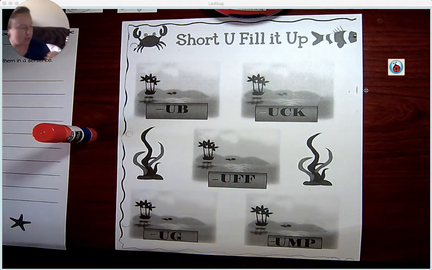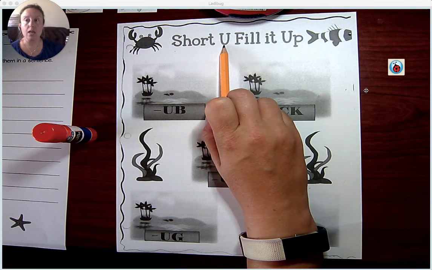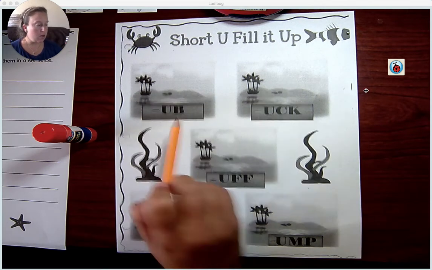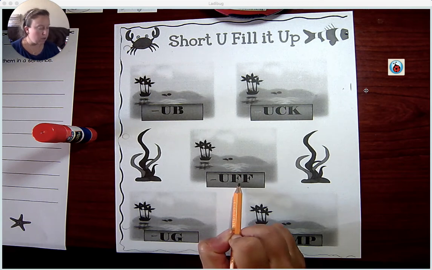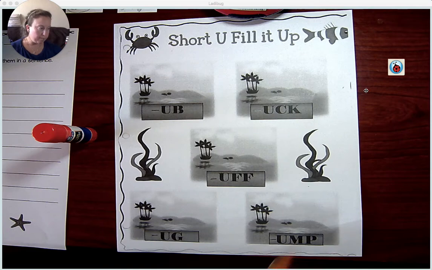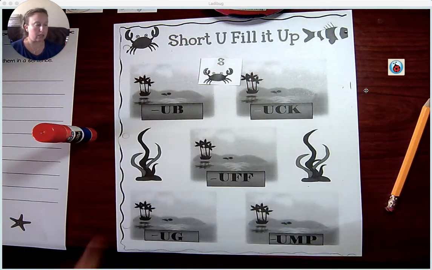So here we have short U rhymes. Short U makes ub, uck, uff, ugh, ump.